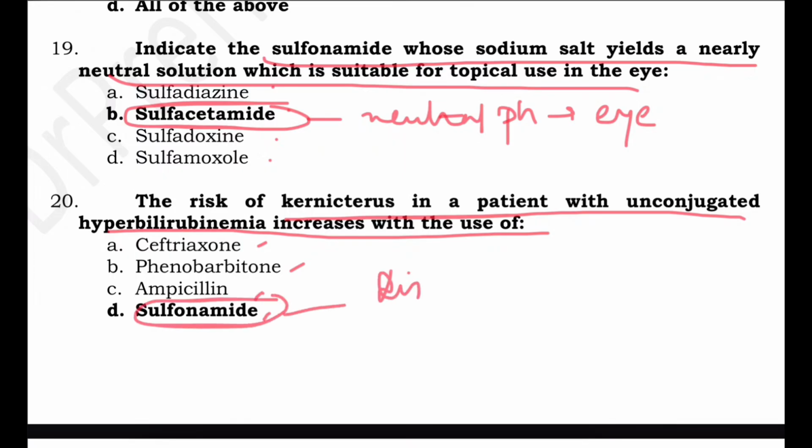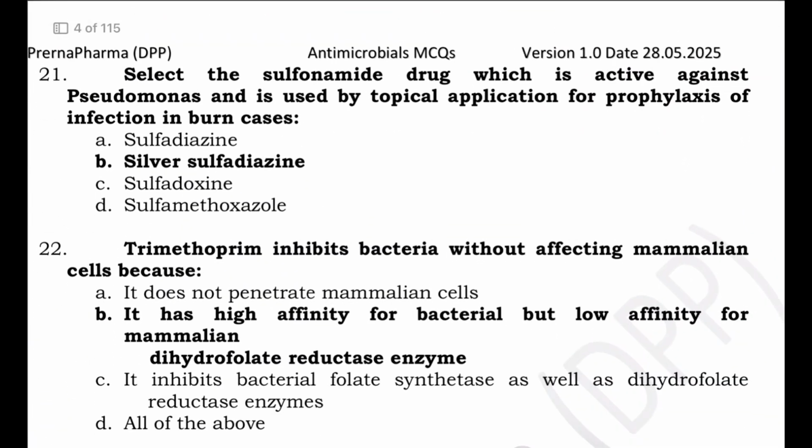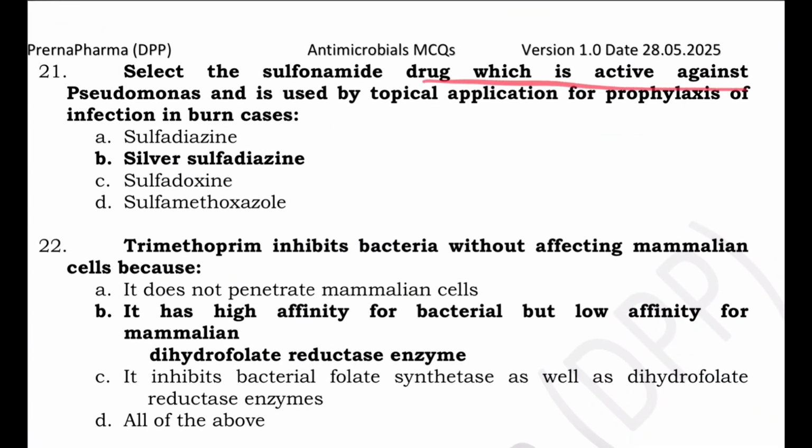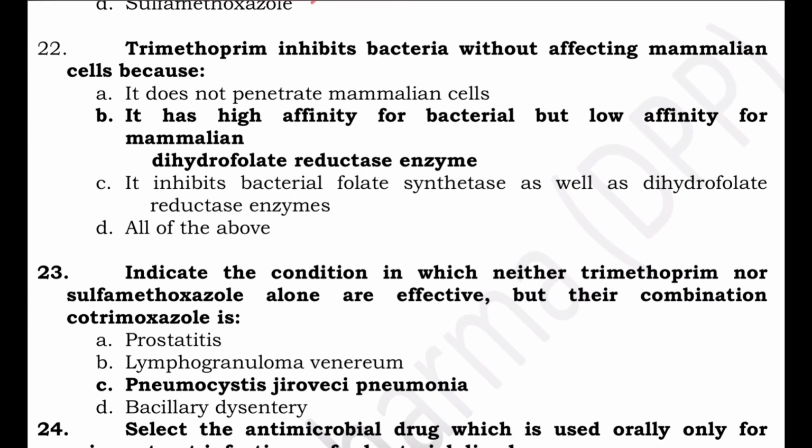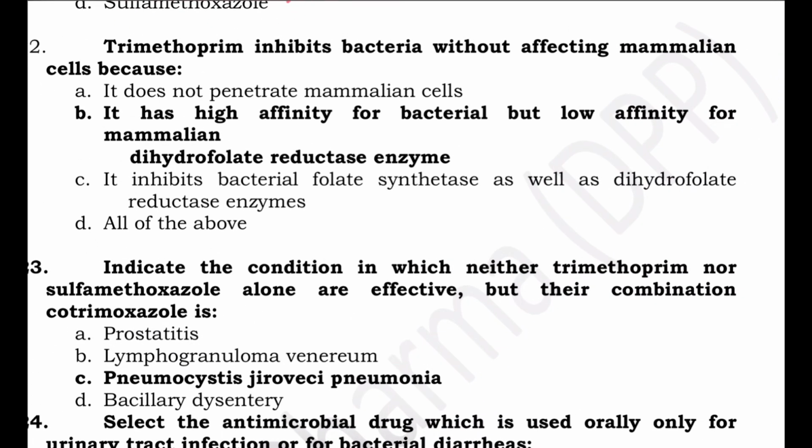It displaces the bilirubin from the plasma protein and causes kernicterus in the neonates. Select the sulfonamide which is active against Pseudomonas and is used by topical application for prophylaxis of infection in burns: sulfadiazine, silver sulfadiazine, sulfadoxine and sulfamethoxazole. Silver sulfadiazine is the most effective drug for burn surfaces and infection with Pseudomonas.